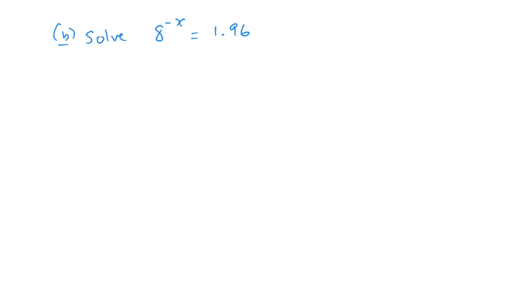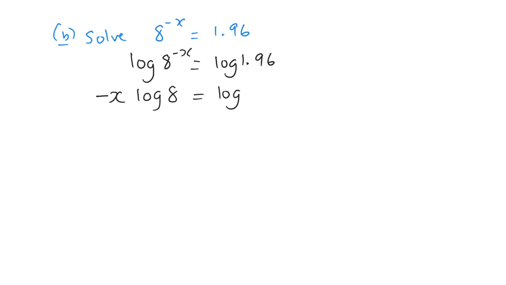Part B then, solve 8 to the power of minus x equals 1.96. So our difference here now is that x is a minus. Again, take logs at both sides. Bring the x down, but this time it's minus x log 8 equals log 1.96.